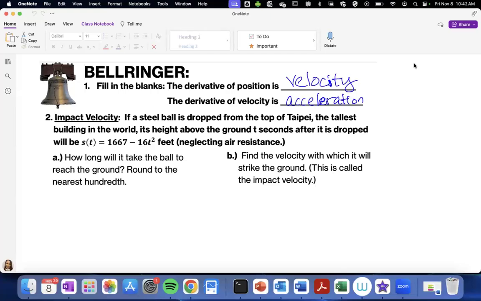And then velocity, you need to find the derivative and then at that value, okay? Take a second.